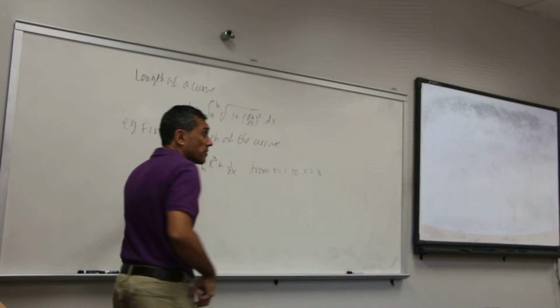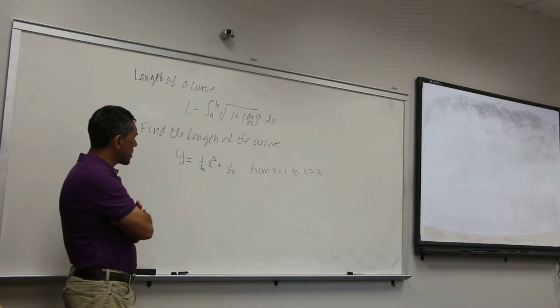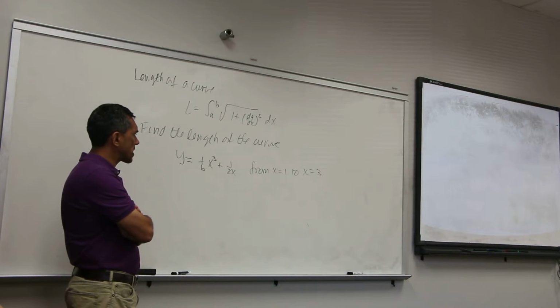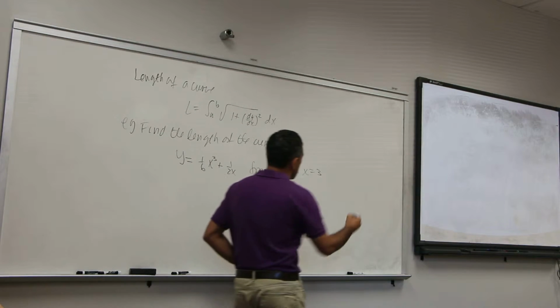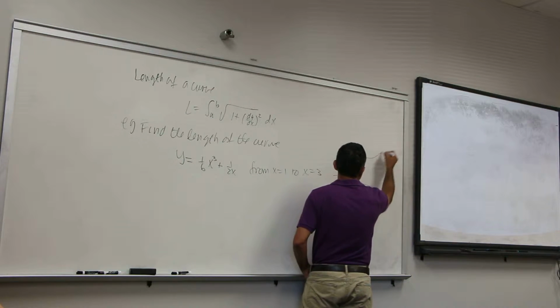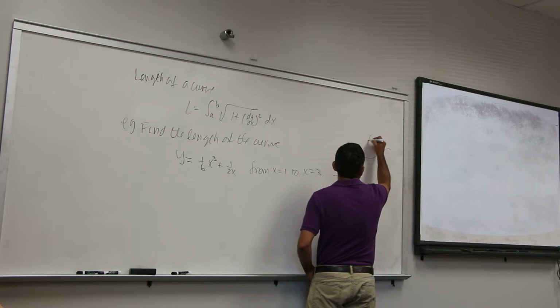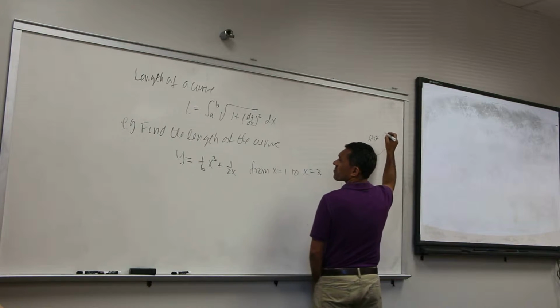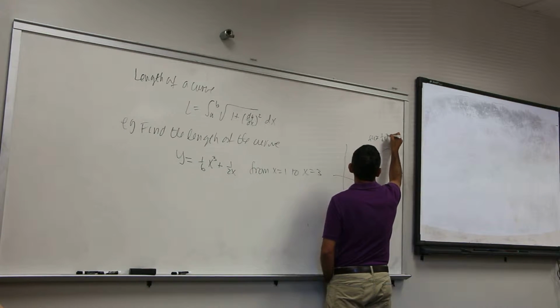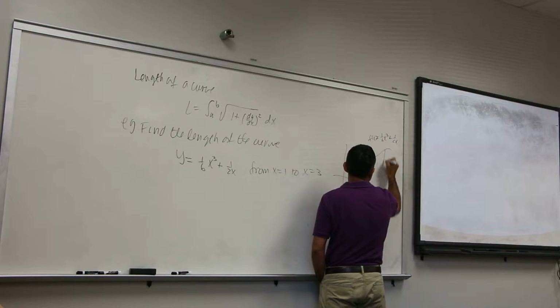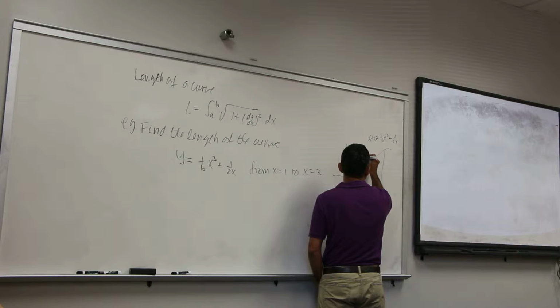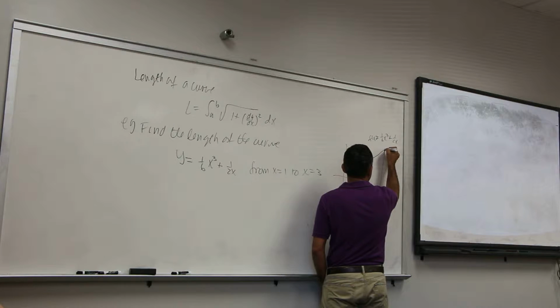We want to find the length of the curve y = x cubed over 6 plus 1 over 2x, from x equals 1 to x equals 2. I don't know what this curve looks like, but you can find the length of that curve.